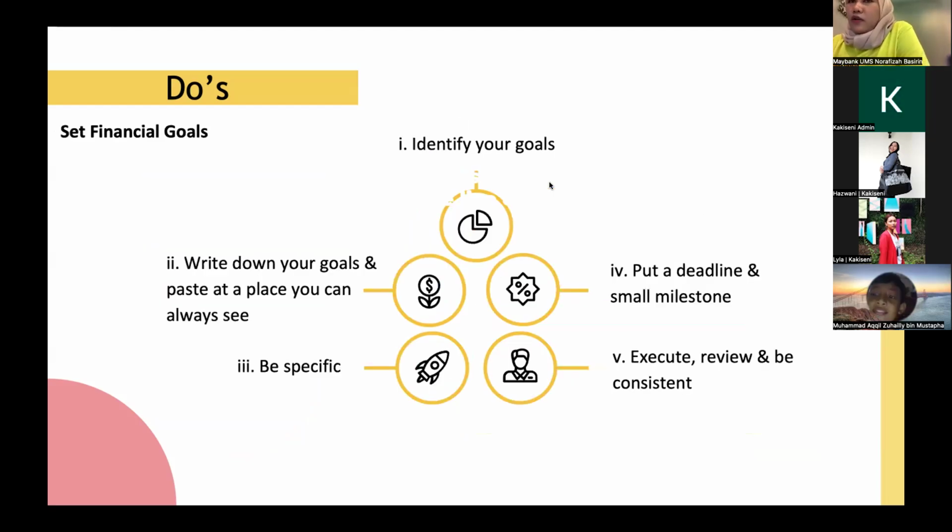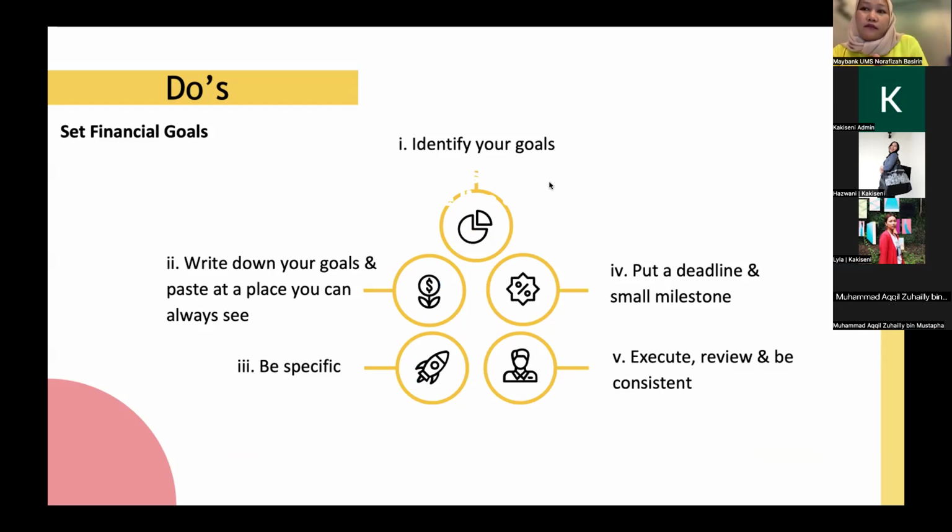Okay, so next do's is to set financial goals. Now, even though you are still not earning any income, maybe you have money from your parents, like I mentioned, scholarship and PTPTN, still you need to set your financial goals. Actually, it's good to have your financial goals at the early time of your life, because it will help you to be more focused on trying to reach those goals.